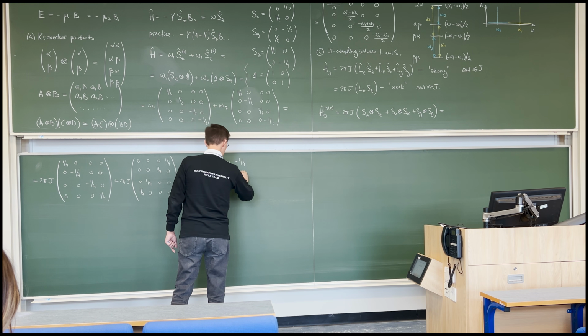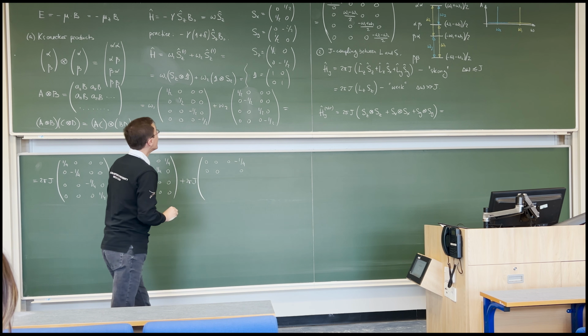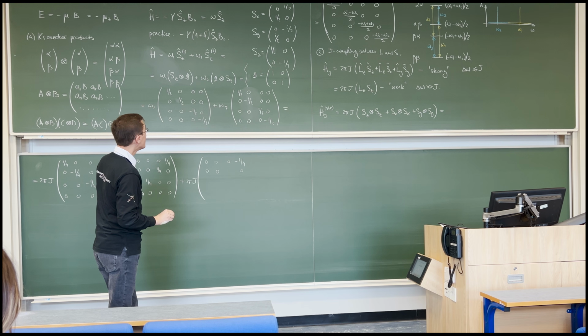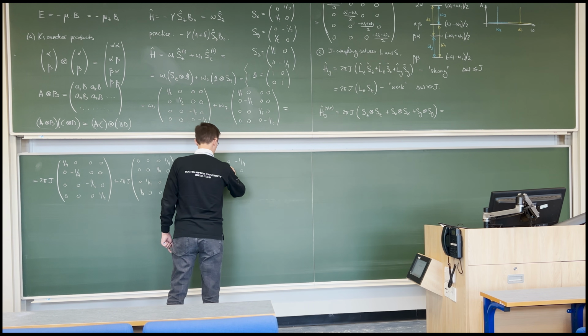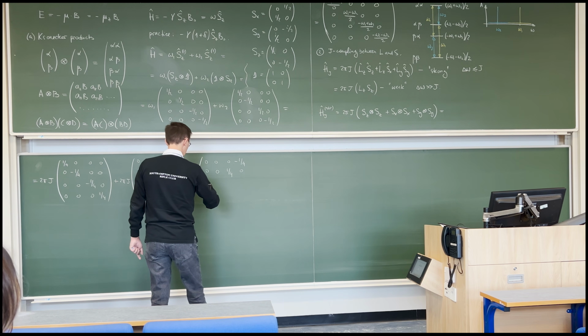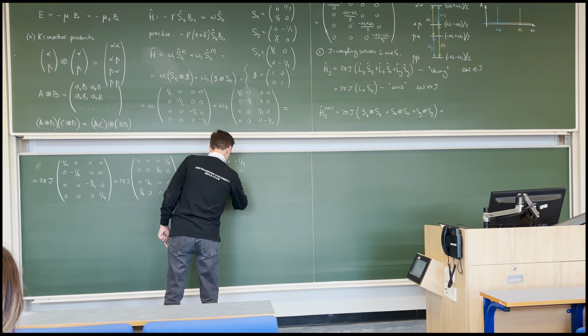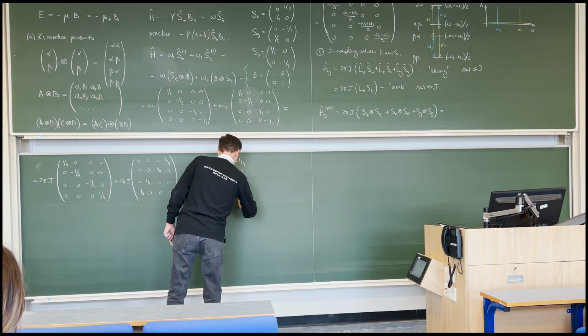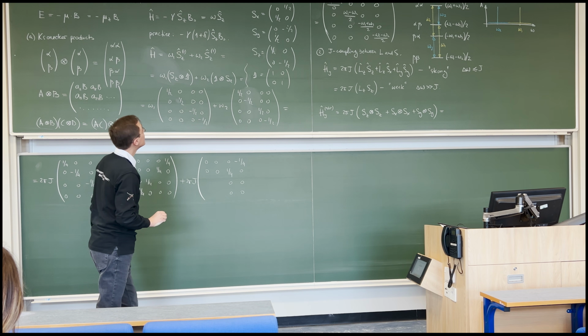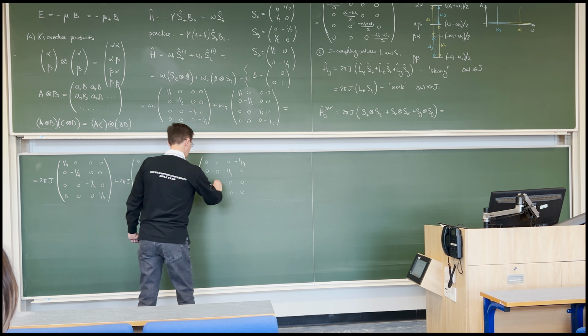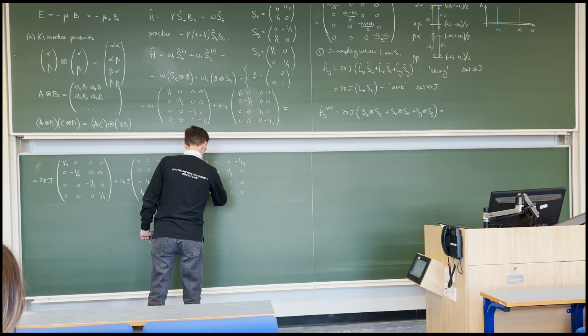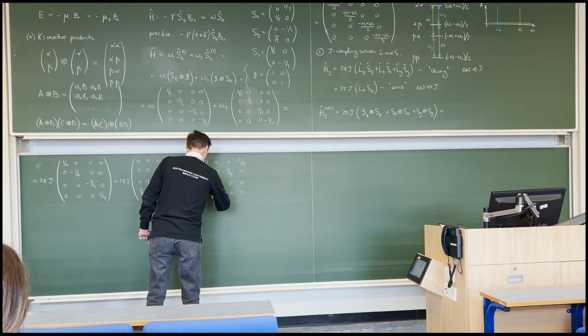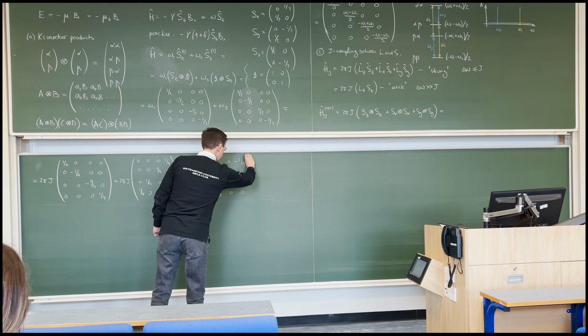Then 0 there. And i over 2 times minus i over 2, that's plus a quarter. And then we have zeros here. And finally we fill in that part, and I think that's also a quarter here, and minus a quarter there.